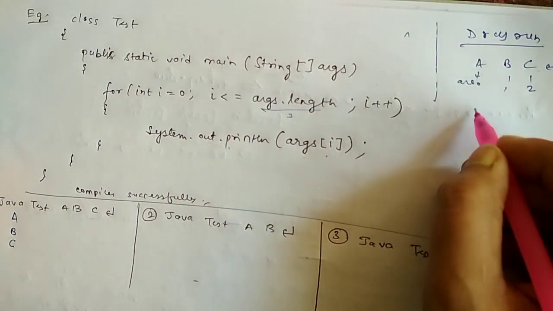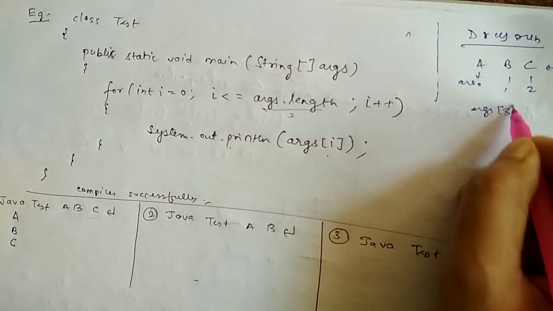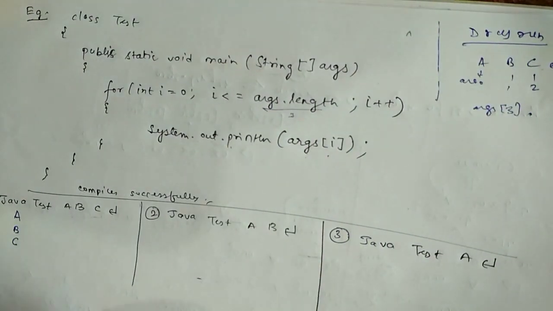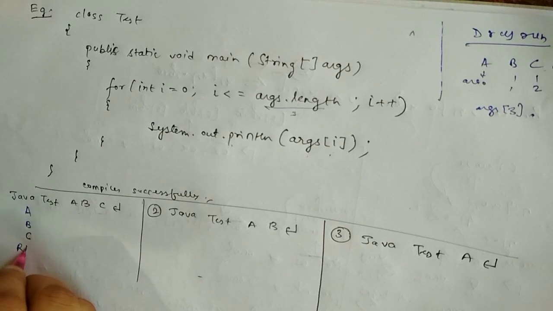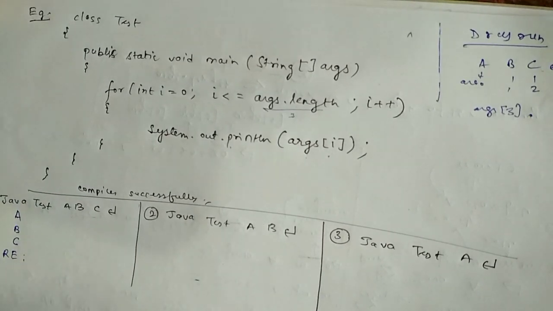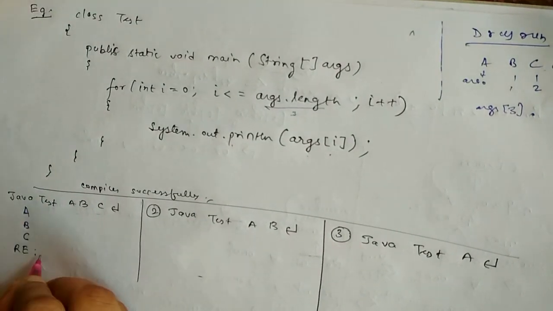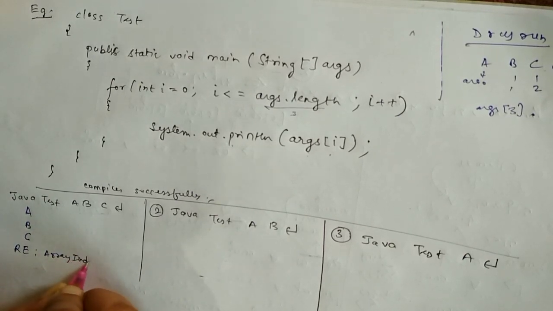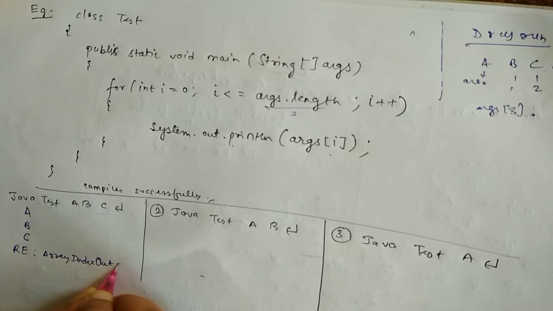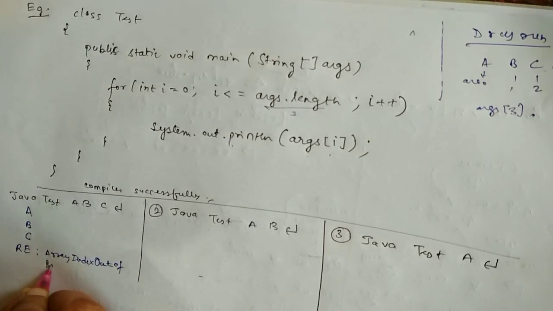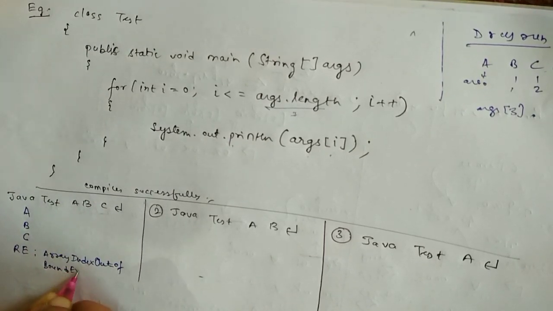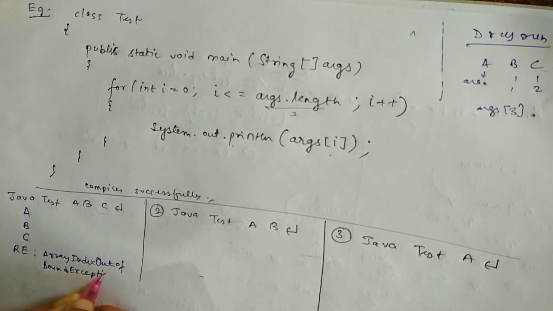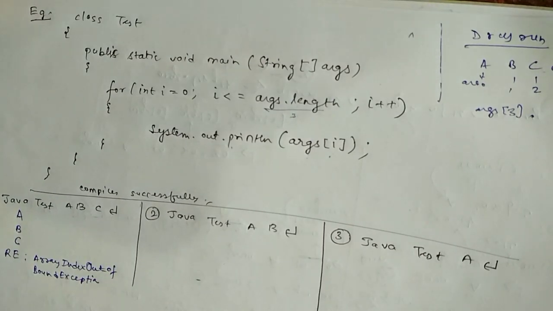There is no args of 3. So at that point we will get a runtime exception saying array index out of bound exception. This is all together.